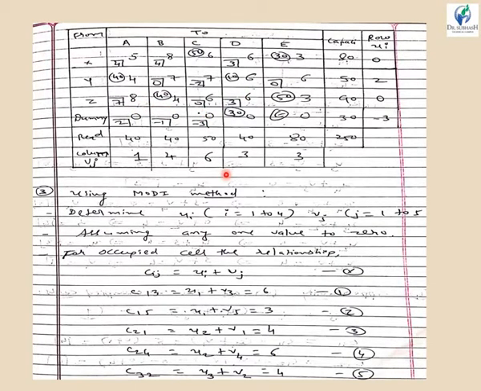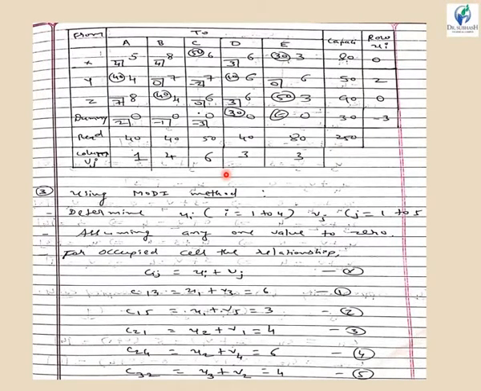As per the rules, if any of the unoccupied cells possesses a negative opportunity cost, then we cannot get an optimal solution.